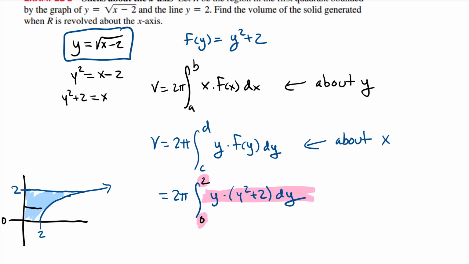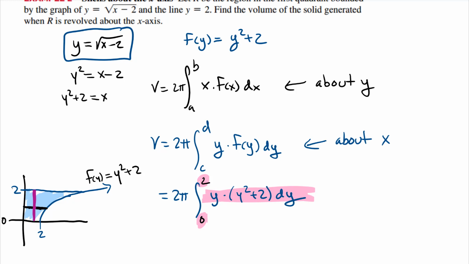Our heights are actually going this way, because we're thinking about it in terms of y. So there's our heights, our y squared plus 2. And our radius is just the y value, for wherever we may be.